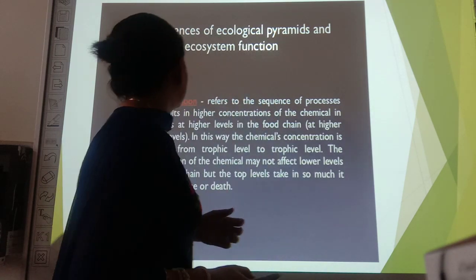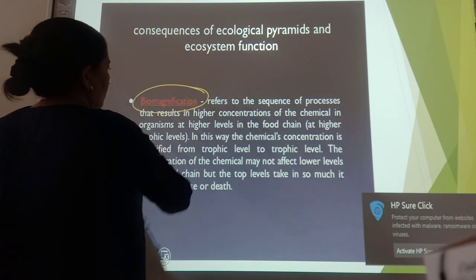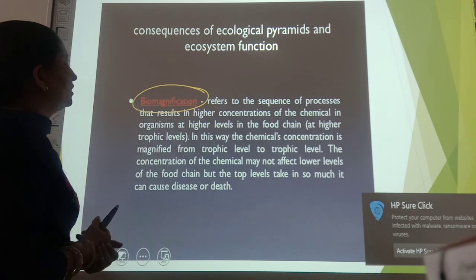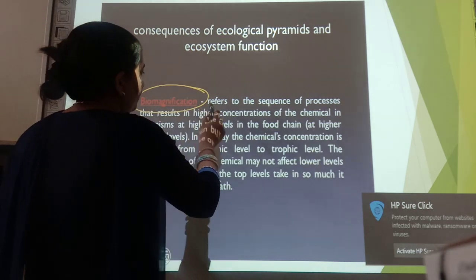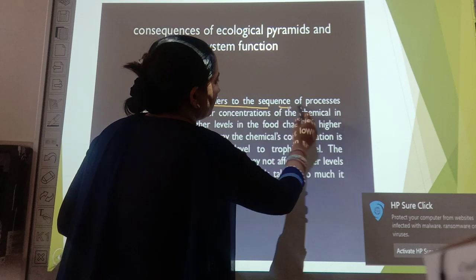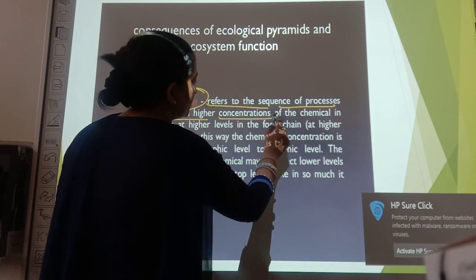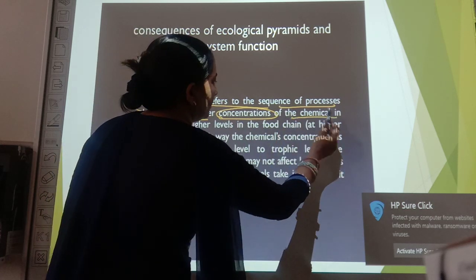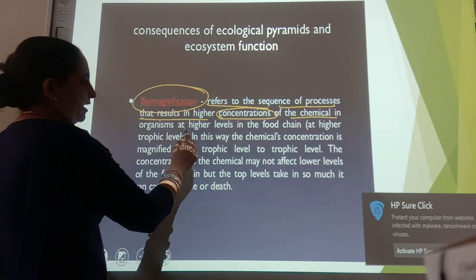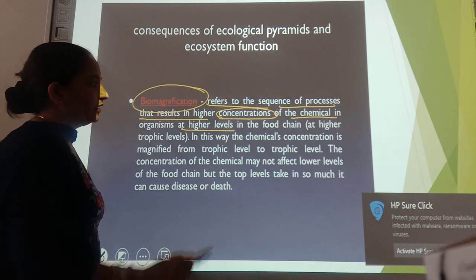This may increase the chemicals, that is biomagnification, and biomagnification refers to the sequence of processes that result in a higher concentration of the chemical in organisms at a higher level in the food chain.